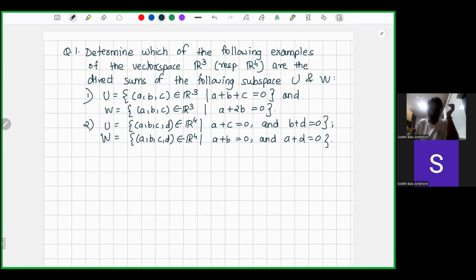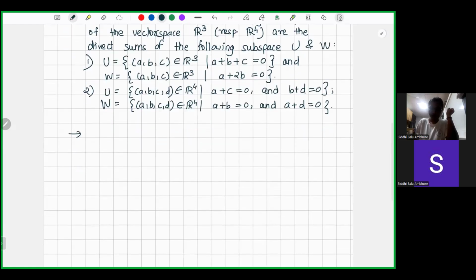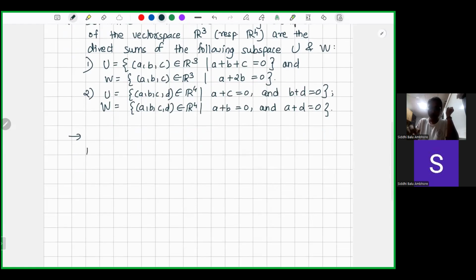So let us start the solution. What we want to check is whether this U plus W is a direct sum or not. So what we need to check is that U plus W forms a direct sum in R3 or not.